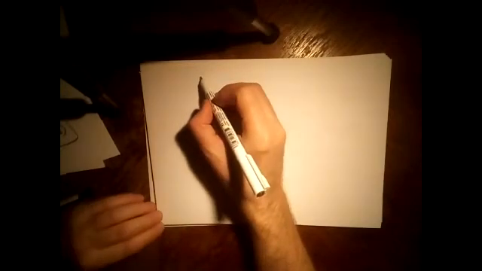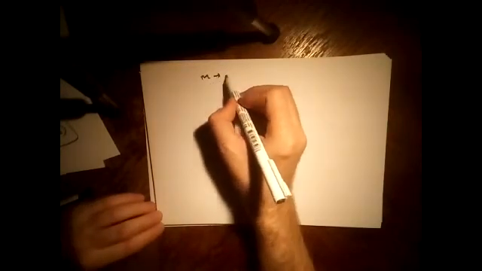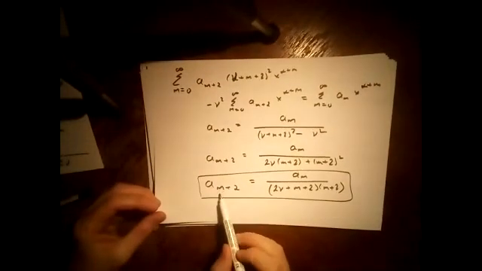So I'm going to replace m with 2j. I'm going to slightly shift the indices around. So instead of 2j plus 2, I'm going to write j plus 1.